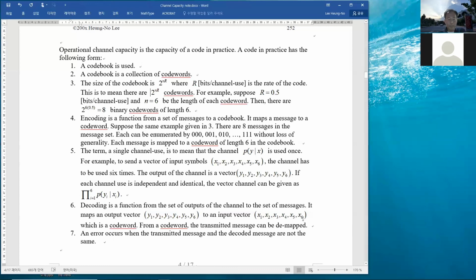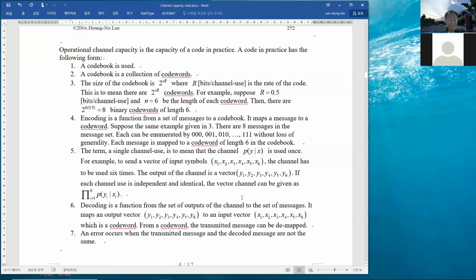So this is a code word, and from a code word you do the demapping again to find the corresponding message. Once you find the corresponding message, you know the information bits.